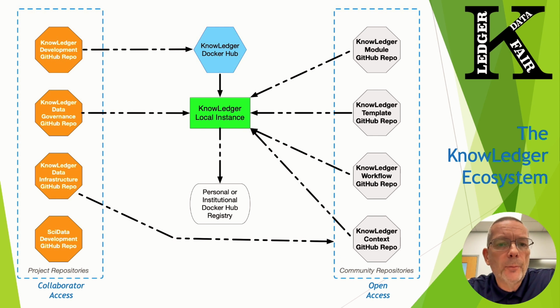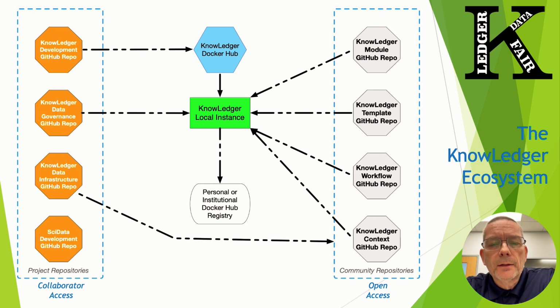So these ones will not be publicly open. But the reason for that is we need, obviously, a well-defined set of software collaborators and experts in data management to be able to create a robust piece of software that the research community can trust when they download it and use it.